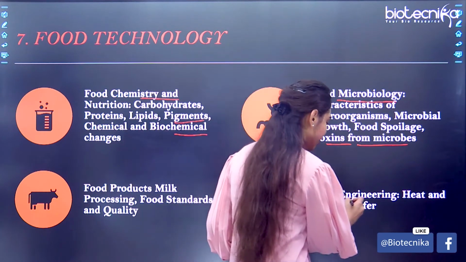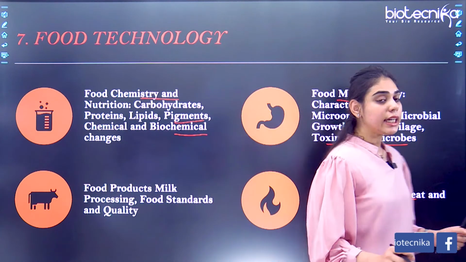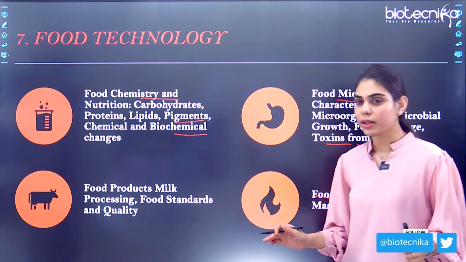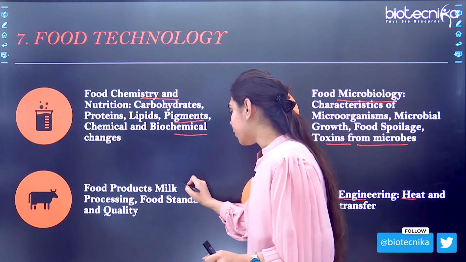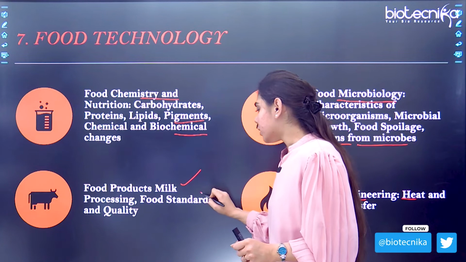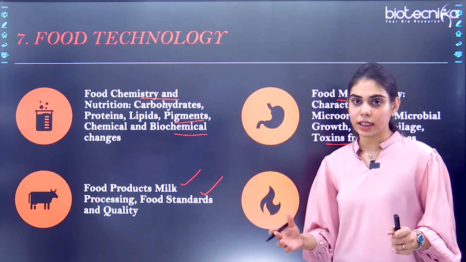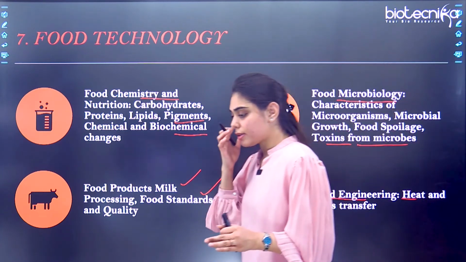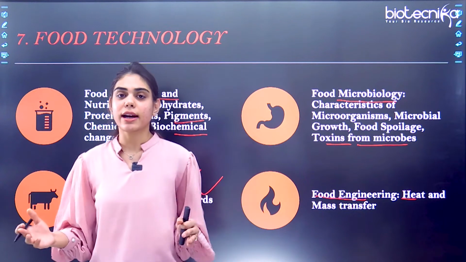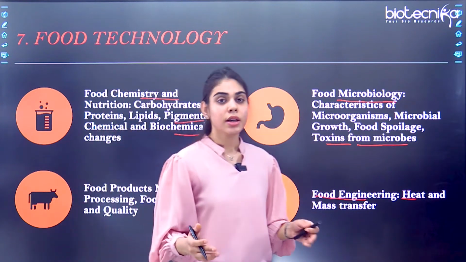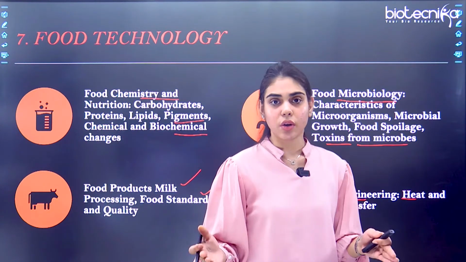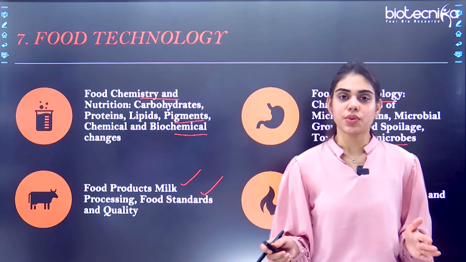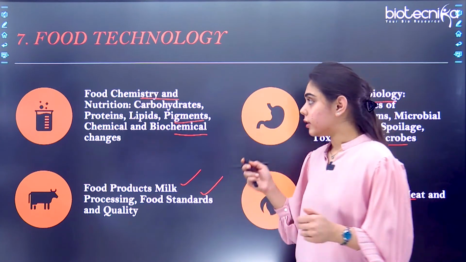In food engineering, you have to study heat and mass transfer principles, and also food products like how milk is processed, and the food standards and quality rules like FSSAI. Different kinds of standards are there, so you should learn this. What is the HACCP protocol? Like this, you have to focus on the food technology part.